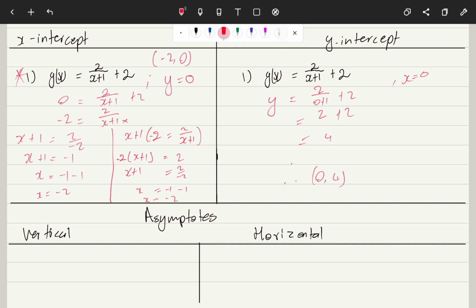The p is responsible for the horizontal shift, but it is the vertical asymptote. So the vertical asymptote is going to be x equals minus 1, which is p, and the horizontal asymptote is going to be y equals 2, which is our q, right?